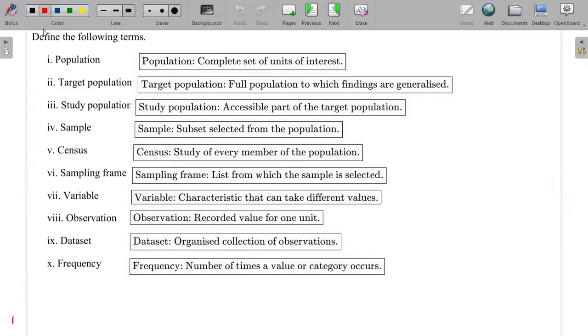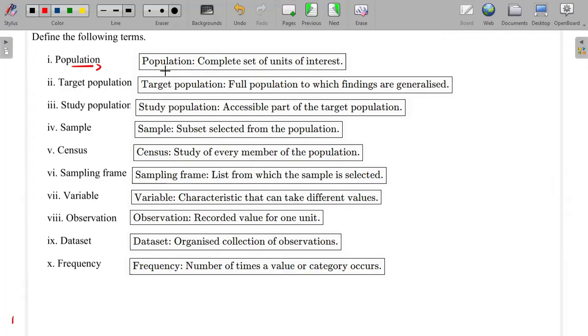So the first question says, define the following terms, and the first one is define what a population is. So by definition, we're simply going to say a population is a complete set of persons, or objects, or measurements about which information is required. That's how we can define the population.